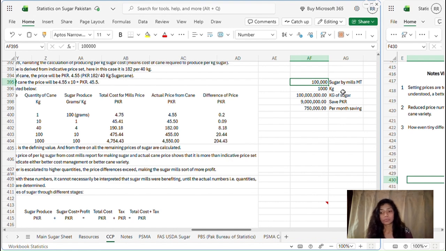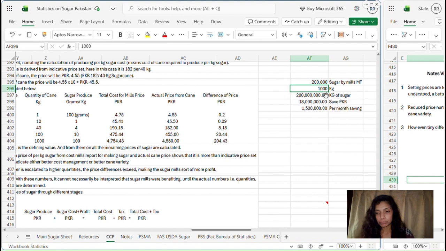Here we are multiplying with 1000 kgs because we are converting million metric tons, assuming it is million metric tons, right? If it is not million metric tons and the exact number they are producing, assuming they are just producing 200,000 kgs of cane, the numbers are going to reduce.